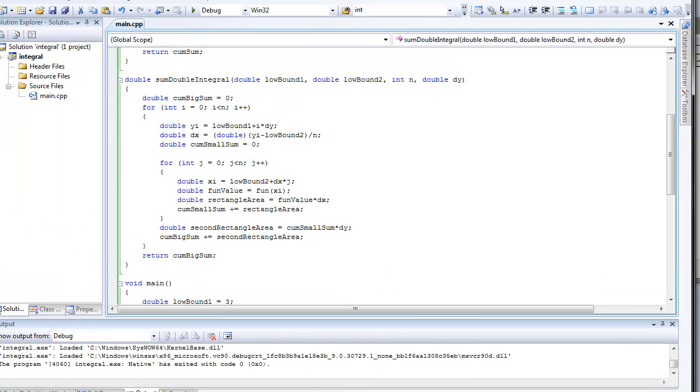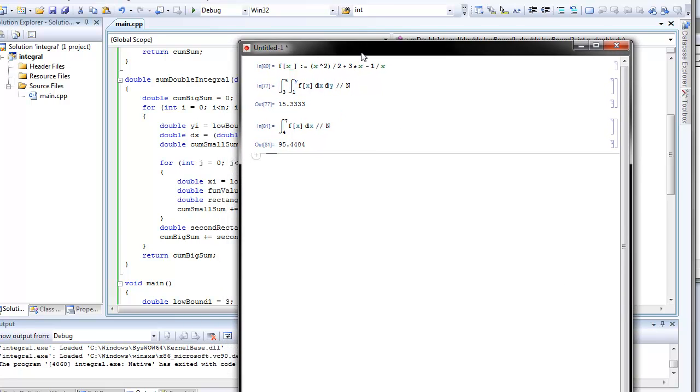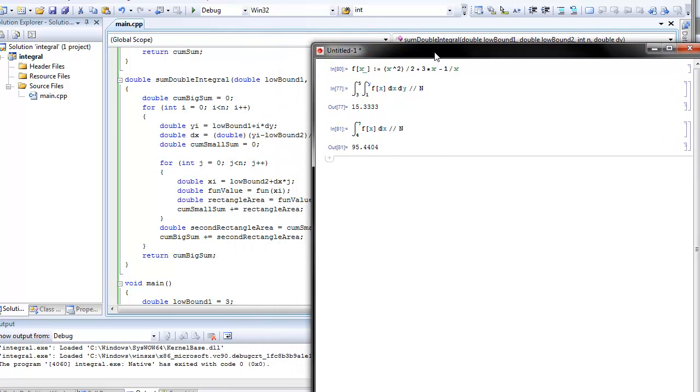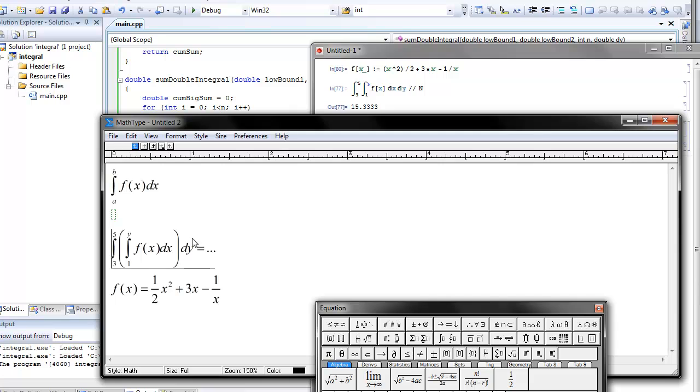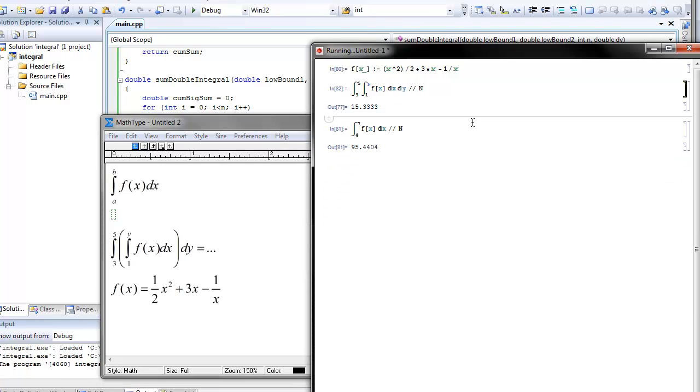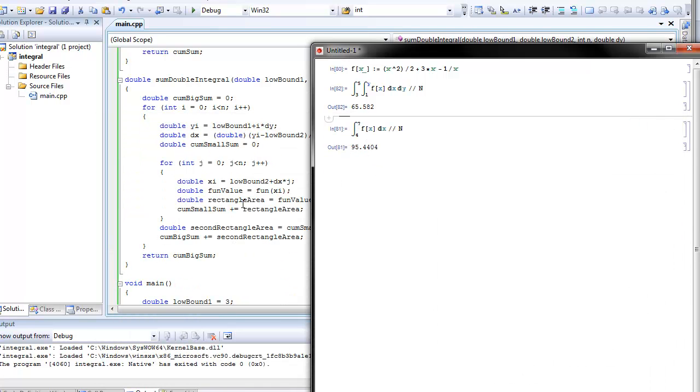Let's verify that. Okay. So what are the bounds? 3, 5, 1, y, f(x), dx, dy. Yeah, that should be fine. 65.582.